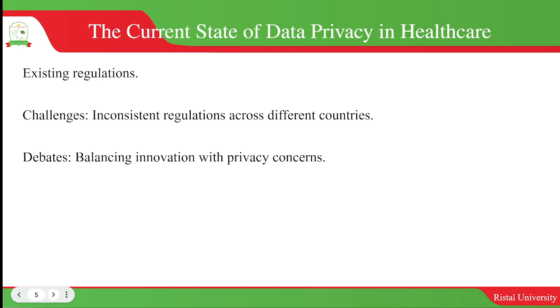Okay, so that means that you have a decision to make whether you want people to access this data such that they can use it to innovate, to do more research and come up with better ways of protecting this data, or you're going to say, no, I'm not going to give you access to this data because of privacy issues. And when you do that, it means that you're limiting people from accessing this data for research and innovation purposes. So that is the balance that you have to be aware about.